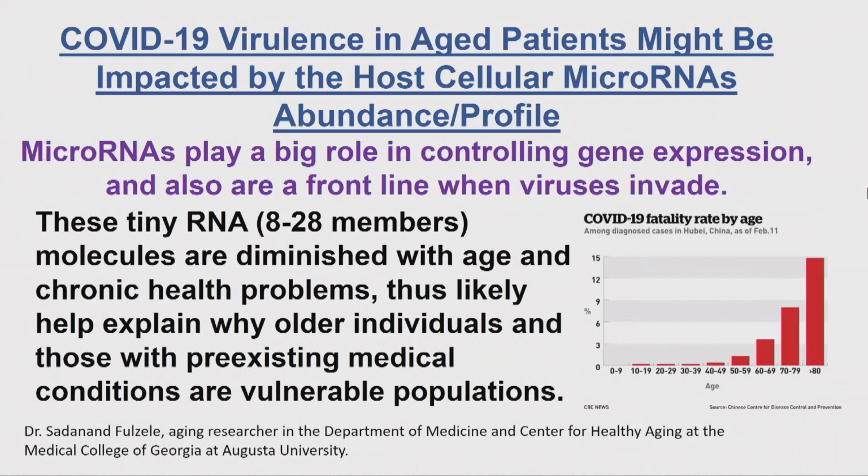So it's really important to visualize what the virus can do in the cell, but also just a few days ago I found a new paper that talks about the difference in virulence for older people, that most of them are much more sensitive and suffer much more from the virus than the young ones.